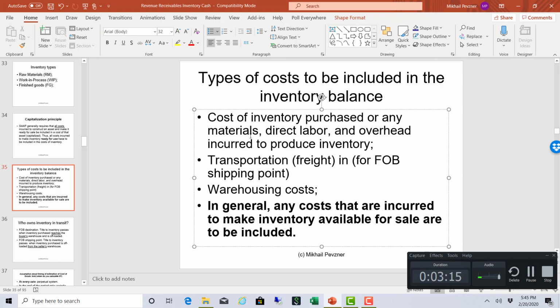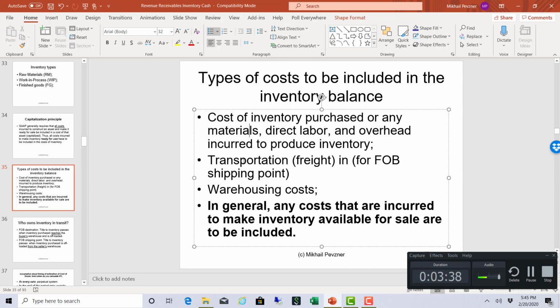For example, you have to allocate the costs of the warehouse in which inventory is stored to the actual units produced. This is something that you learn in management accounting and cost accounting. But because you wouldn't have the warehouse had it not been for inventory, you need to absorb the cost of the warehouse in the cost of inventory production.